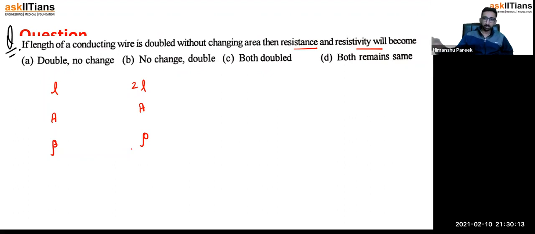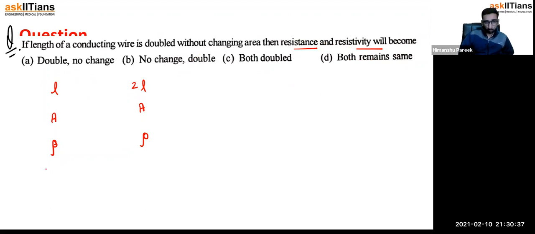Once you fix the city, you can guess it: if it is Delhi, we can guess Delhi; if it is Chandigarh, we can guess it's Chandigarh. So rho is the same, it will remain the same. So what about resistivity? It will remain the same. Got my point? It will not change.